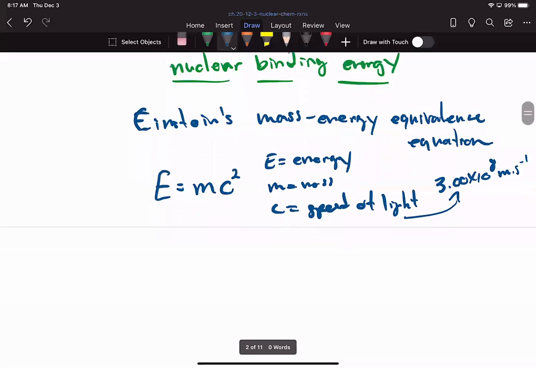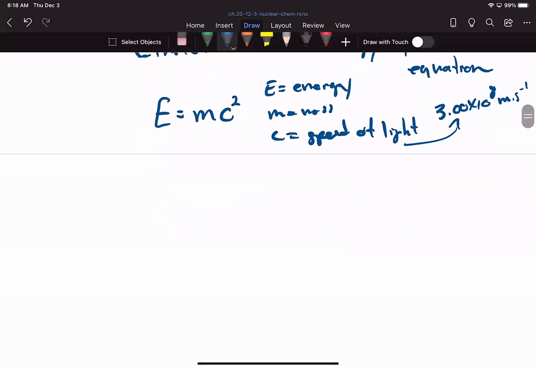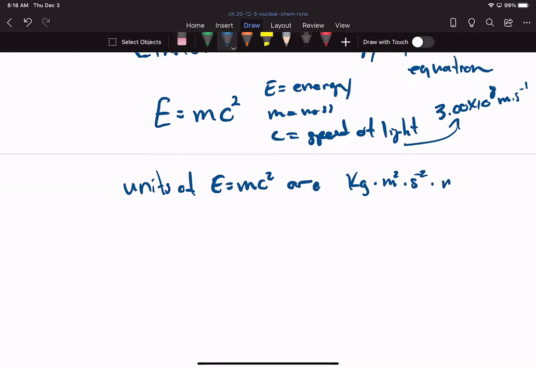So when we talk about this formula, the units of Einstein's formula are kilograms meters squared per second squared per mole.